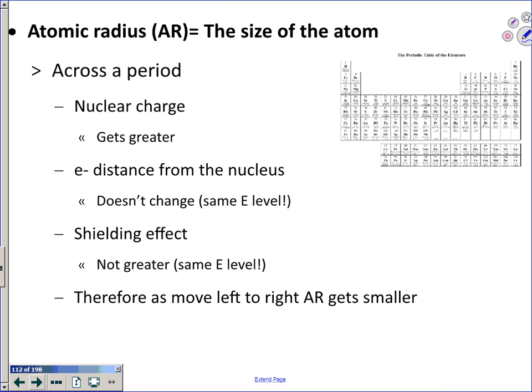So the atomic radius. We've already mentioned that it increases which way? Top to bottom. Okay, so it increases from top to bottom and from right to left. So we know that's the general increasing nature of it. But we can also speak of it from the decreasing nature of it, which is why some of this might be a little opposite.